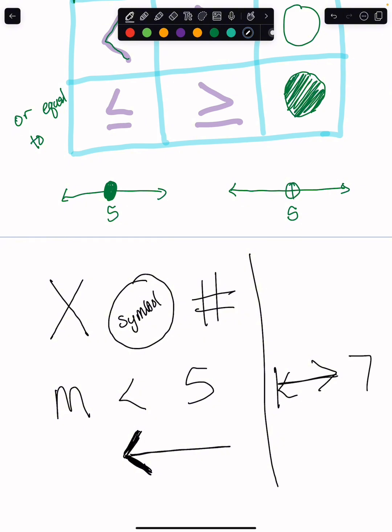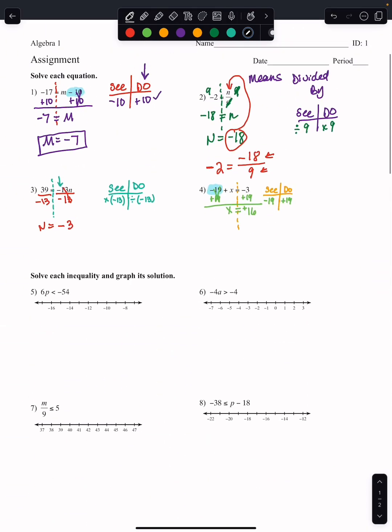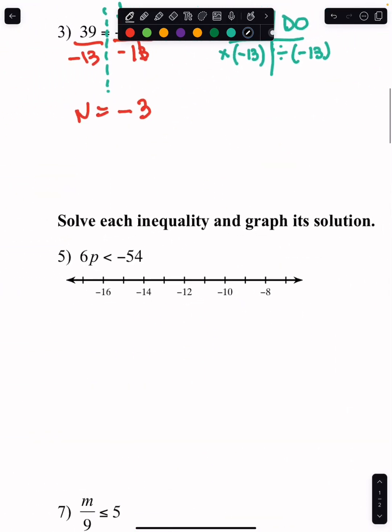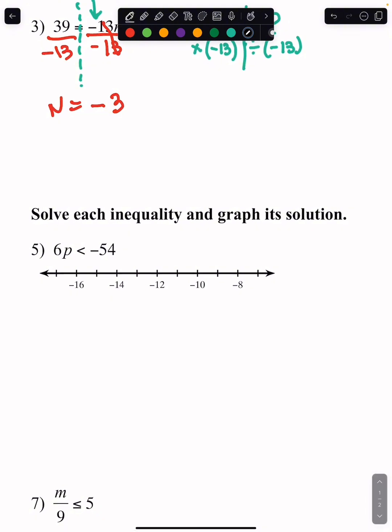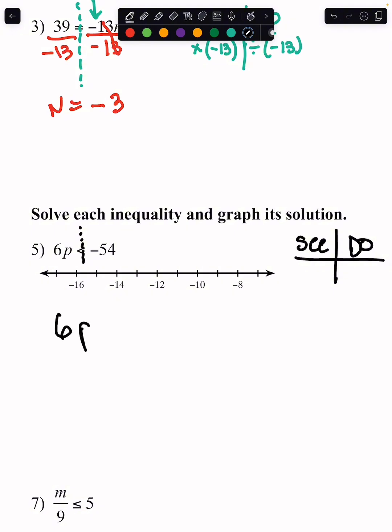Okay, so let's look at our problems now. I'm going to start off with my C do. And again, this is going to act just like an equal sign. What do I see? I'm going to write it down here so I can show my work. I see a times 6, which means I need to divide by 6.